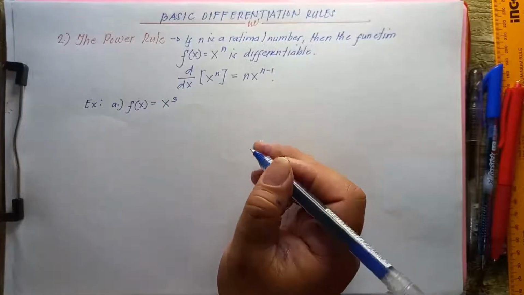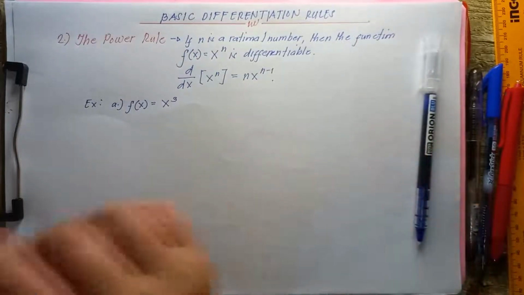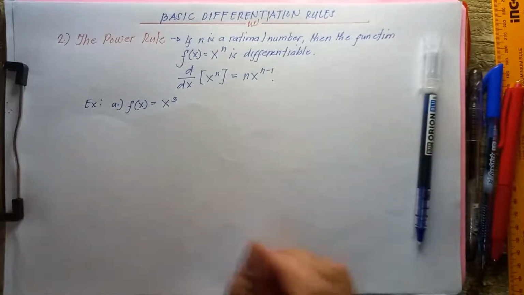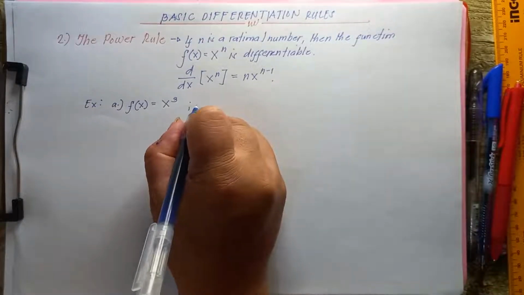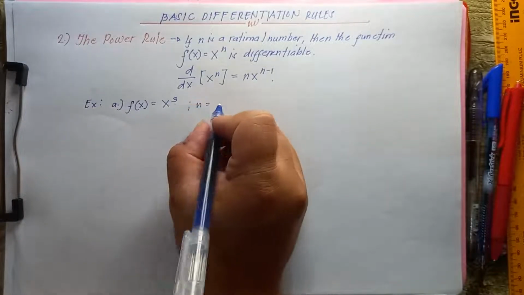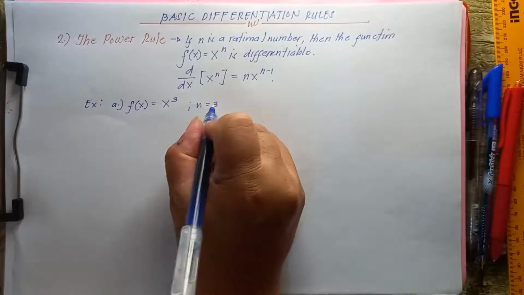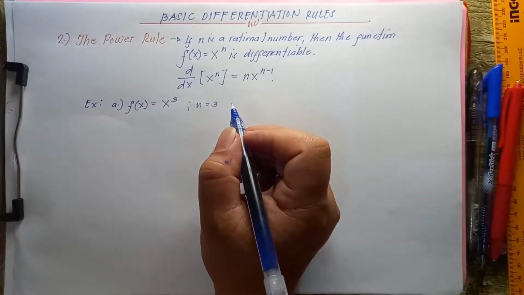Now what must be its derivative? Notice that your n in here is the same as 3. Okay, so the n is 3.